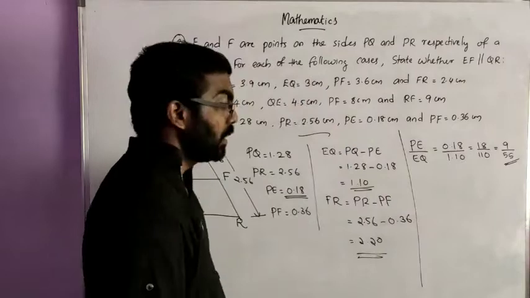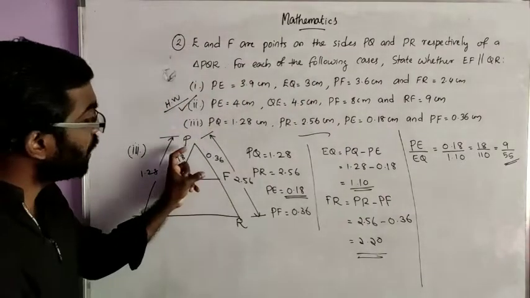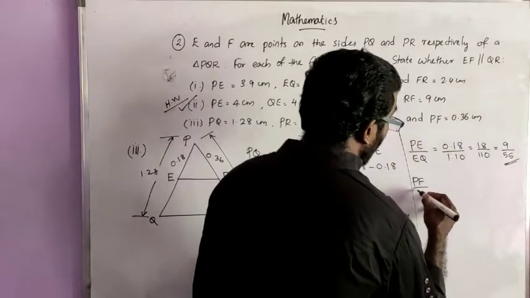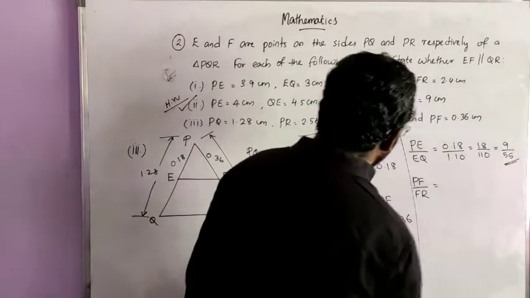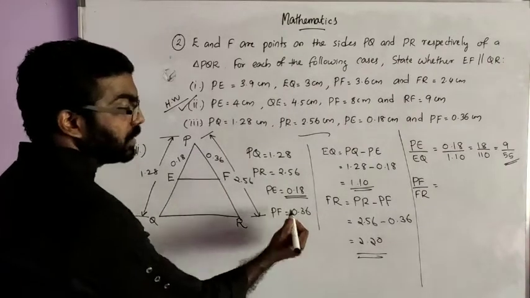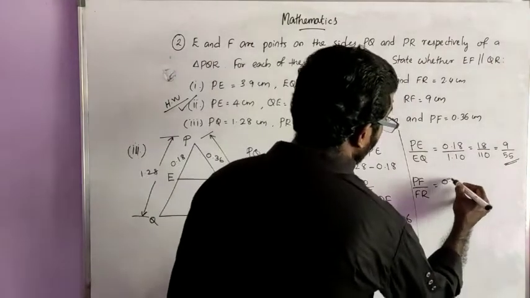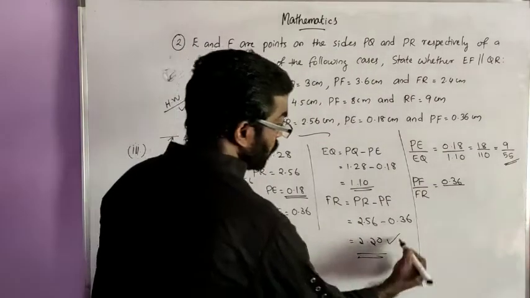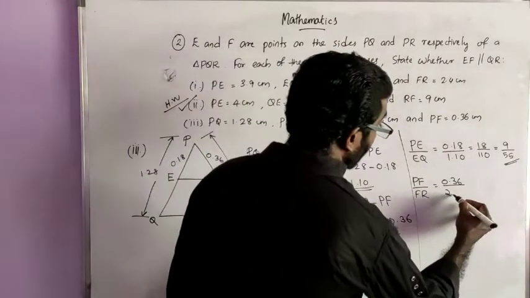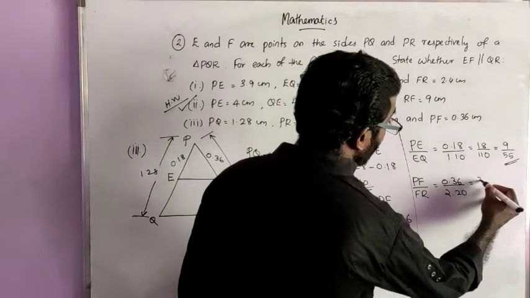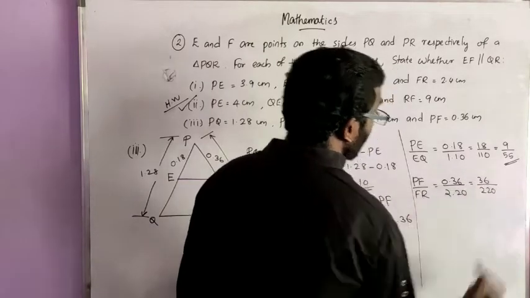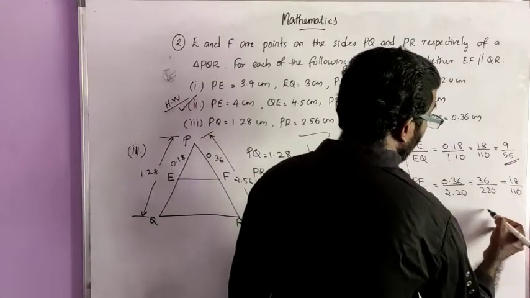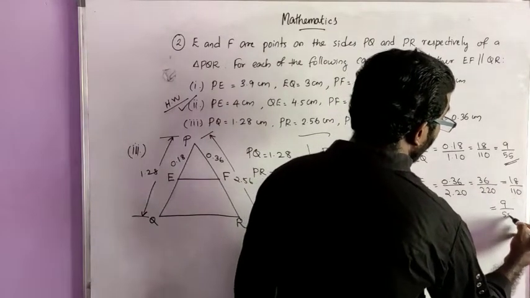Then the next ratio, that is PF by FR. PF is 0.36, divided by FR, whose value is 2.20. That is 36 by 220. On cancelling, first we get 18 by 110 and that will be equal to 9 by 55.